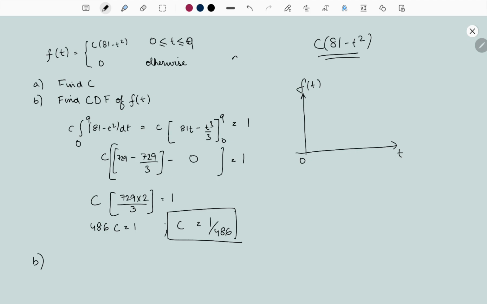You can see c times (9 minus t)(9 plus t), so t equals plus minus 9.